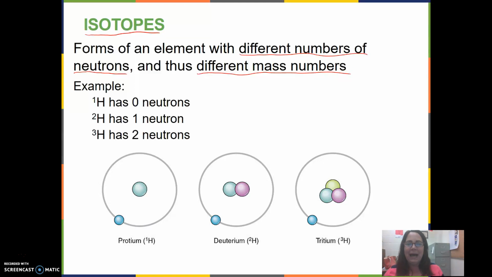So here we have protium, which is hydrogen 1, and hydrogen 1 has a proton and it has an electron. Proton with a positive charge and an electron with a negative charge, and it has 0 neutrons. Deuterium, or hydrogen 2, has a proton, a neutron, and an electron.